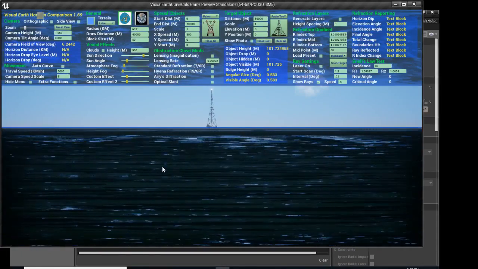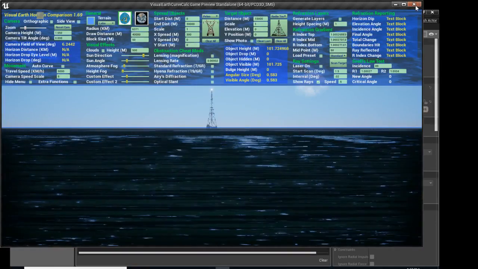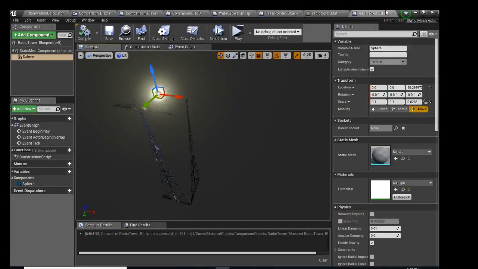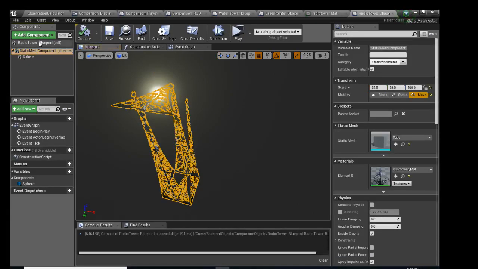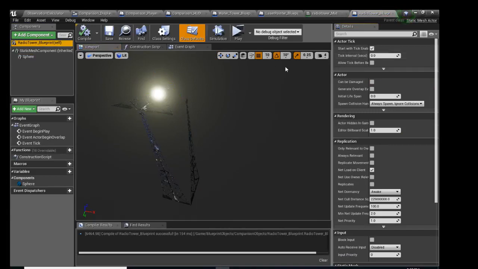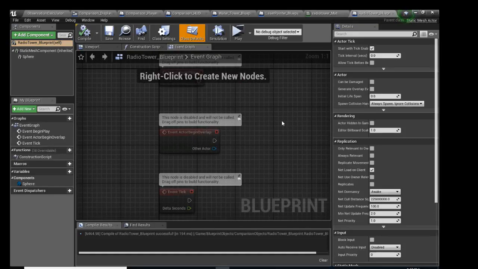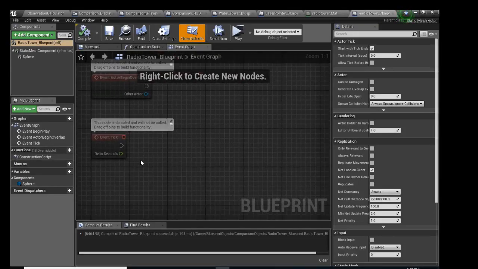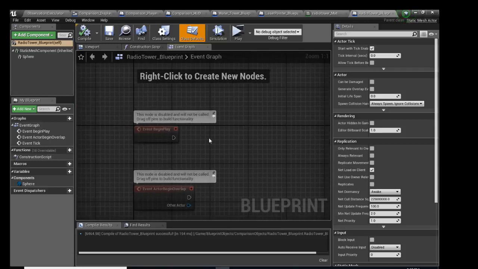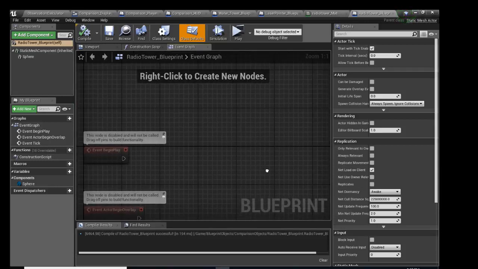Alright, now we just need to make it blink, just because we can. So we'll go into our event graph and use a tick event. Actually, we'll just make a function and call it on a timer.